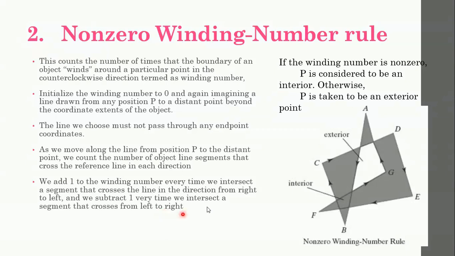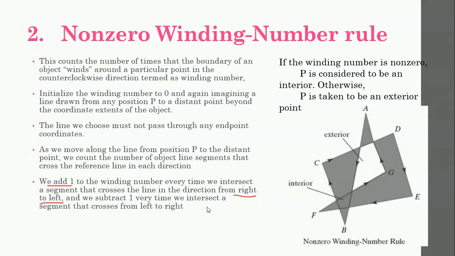So along with this, you have to consider one more direction. You have particularly two directions mentioned here. If you are moving from right to left, you are going to add 1 to the winding number.